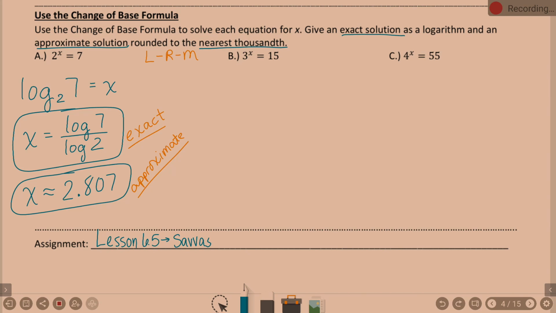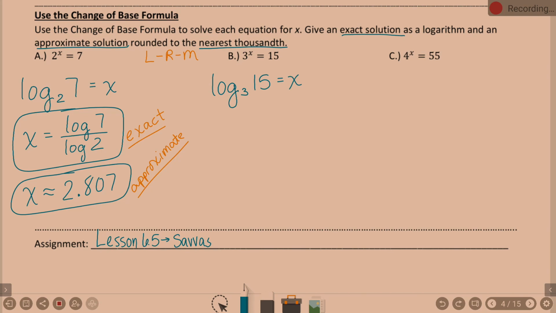Let's try the next one. 3 to the x equals 15. Good practice here. What do I do? How do I rewrite this? Okay, log base 3 of 15 equals x. 3 is your left, it stays.